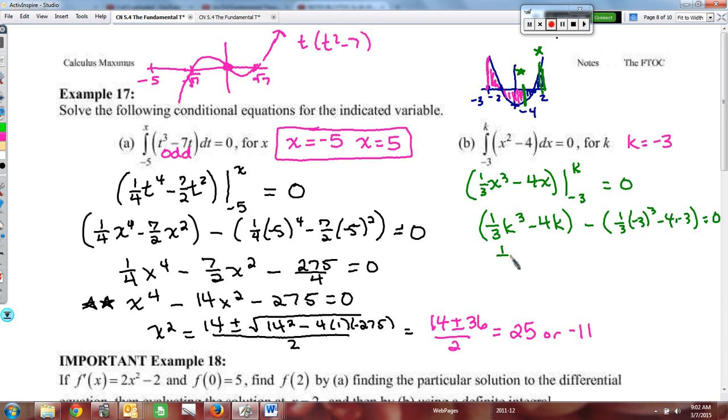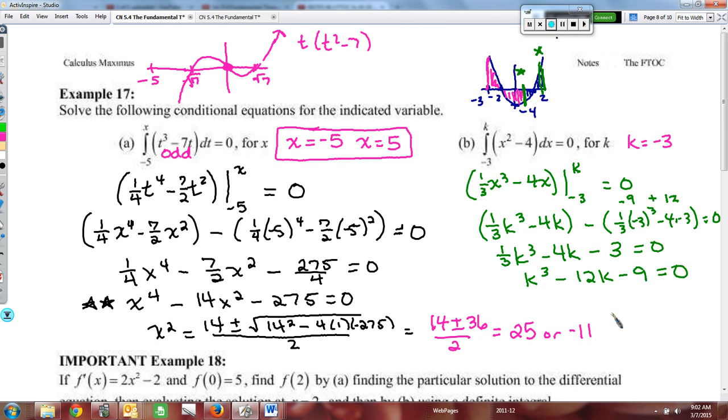So we get 1/3 k cubed minus 4k minus 3, equal to 0. And then maybe make this a little nicer. Let's multiply everything by 3. So k cubed minus 12k minus 9 equal to 0.